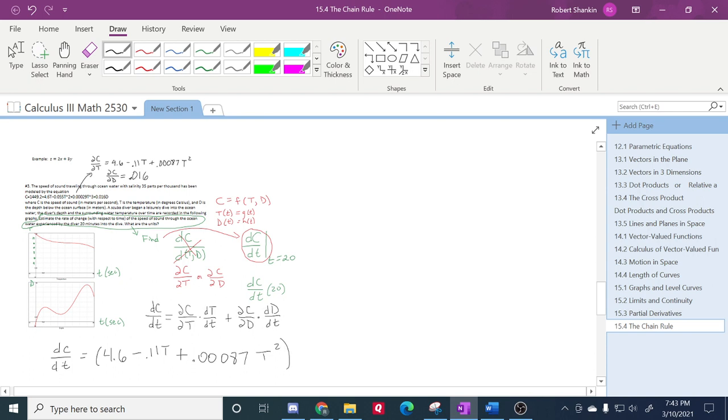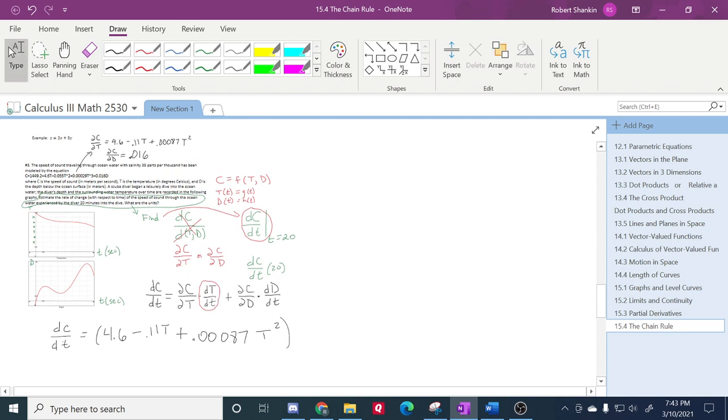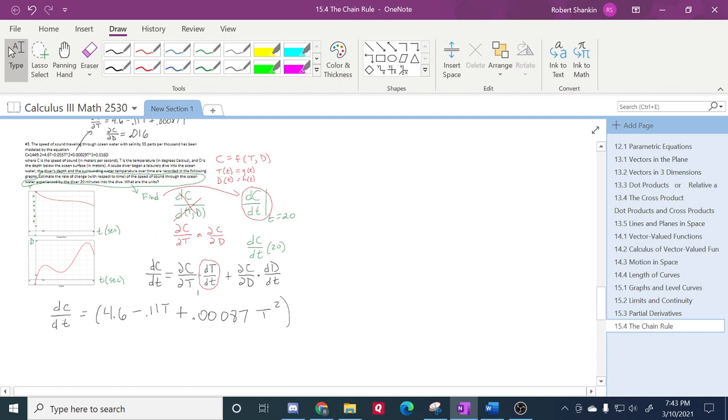dT/dt. How do I replace this? I can't really get an expression for this, because it's just from a graph.